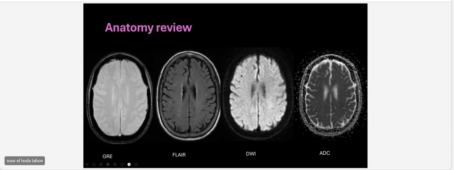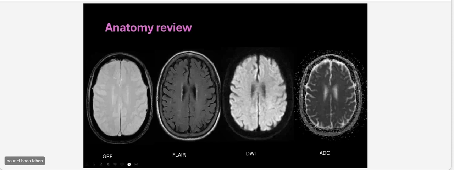Here you still can, in T1 and T2, this is normal, but imagine there is something restricted and it takes a territory, for example the MCA, and you cannot differentiate the gray-white matter junction, then you start to think, okay, there is edematous change, looks like a cytotoxic edema.